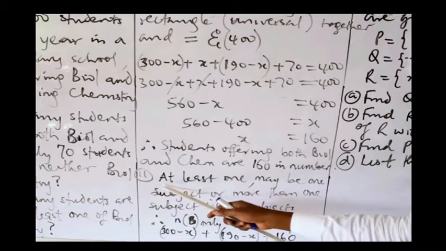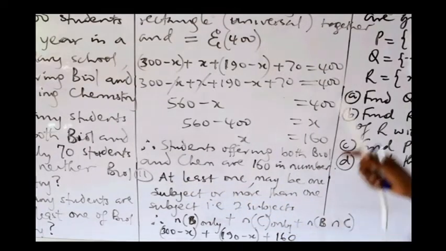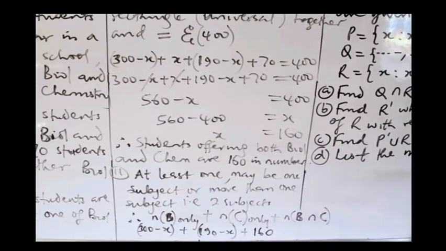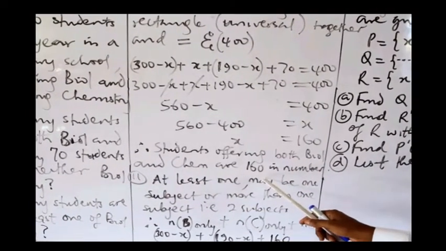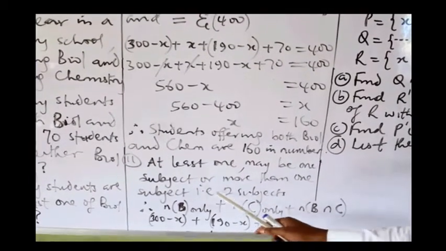So if the question says at least one, it means it can be one subject or the two subjects. See, at least one subject may be one subject or more than one subject, that is two subjects.